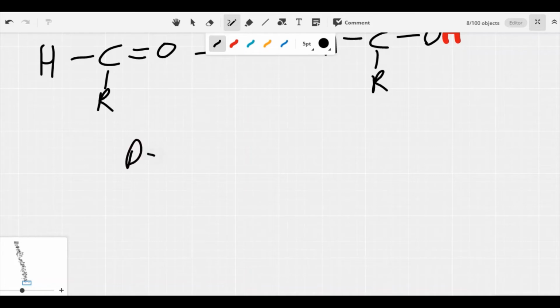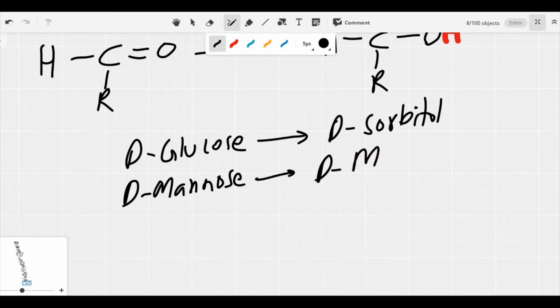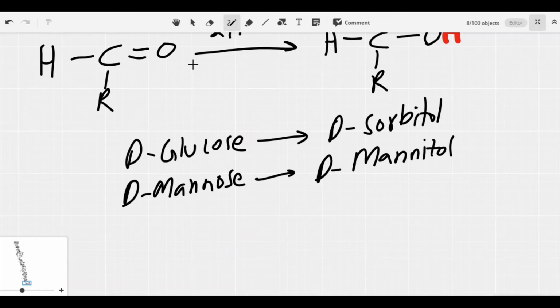For example, D-glucose can be converted into D-sorbitol, and the same with D-mannose, which can be converted into D-mannitol. So you can see the indication of ol, that is the alcohol.